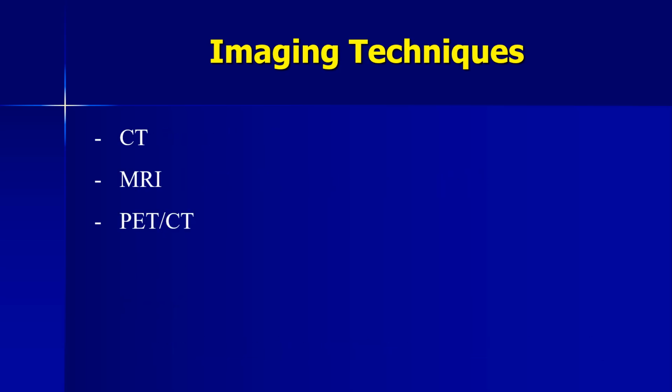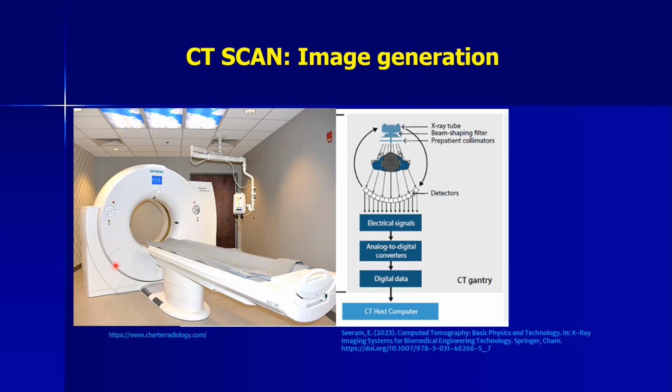Different imaging modalities utilized in temporal bone imaging include CT, MRI, and PET-CT. By far, CT and MRI are the main modalities. PET-CT is utilized in the setting of cancer patients, so we will be focusing mainly on CT and MRI in this session.